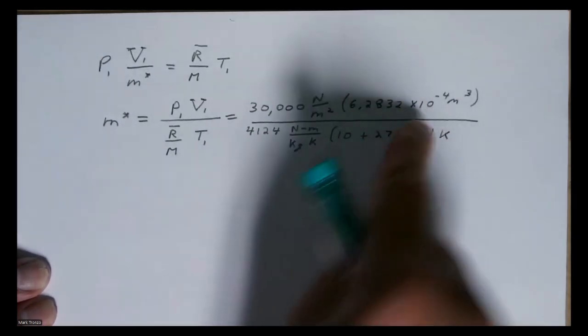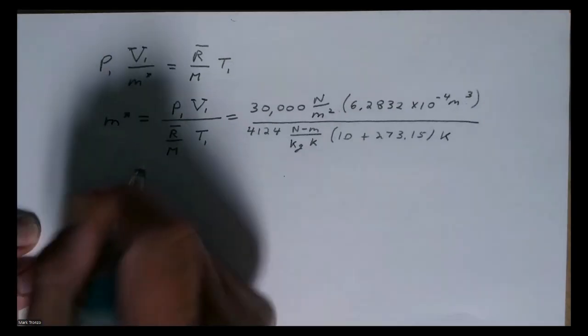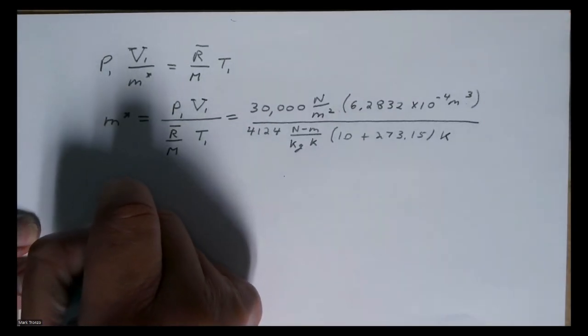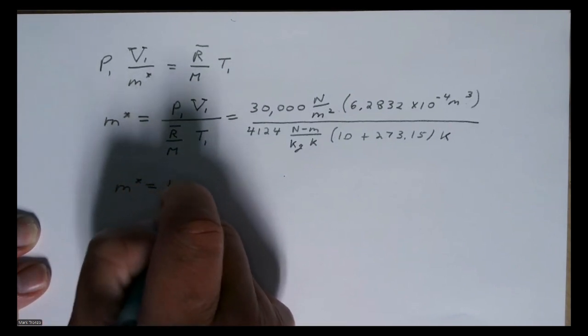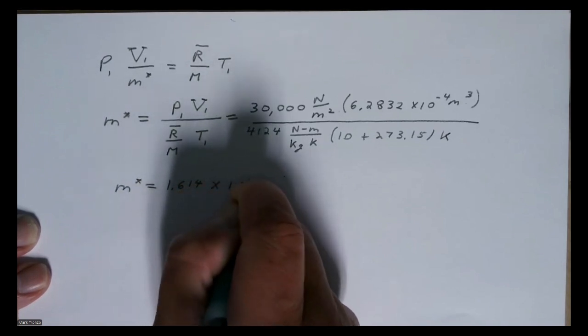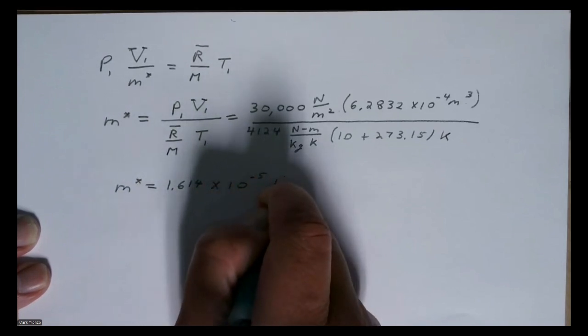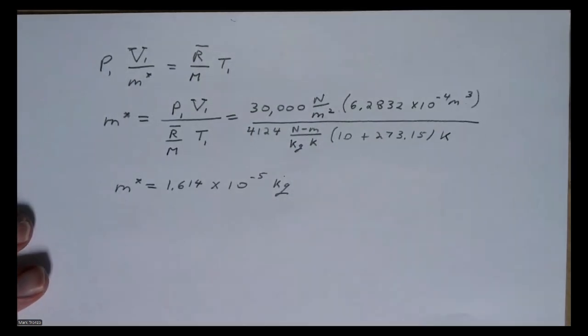We take the reciprocal, we get kilograms. So we have all the right units. Always good to check that. And when I put it in the calculator, I get 1.614 times 10 to the minus 5 kilograms, like this.